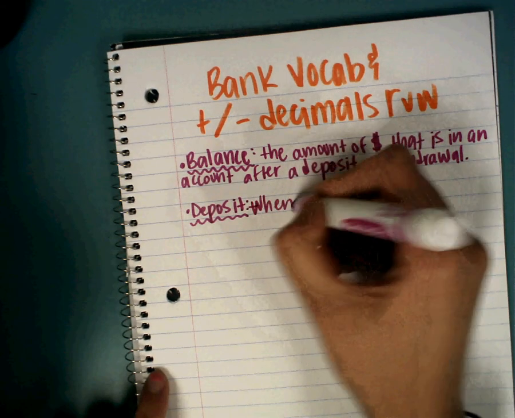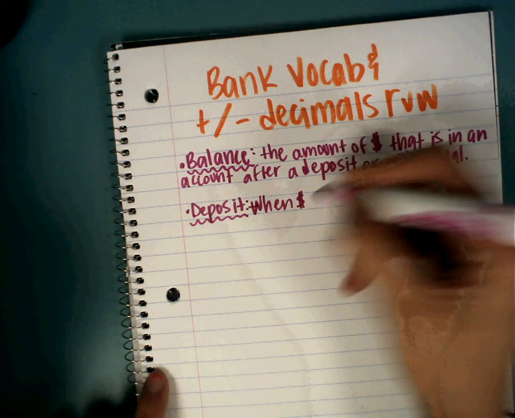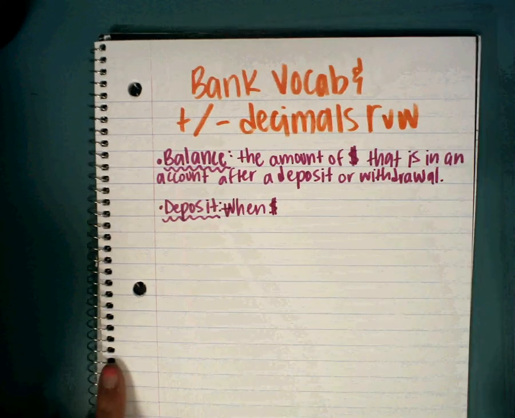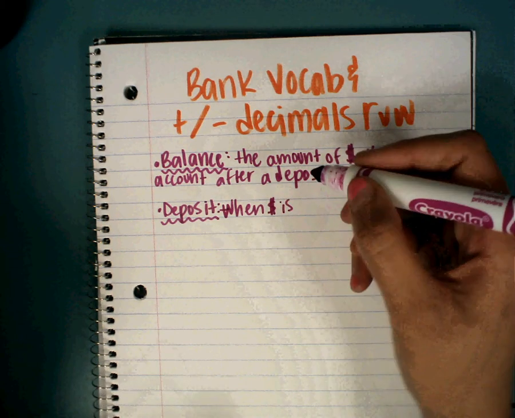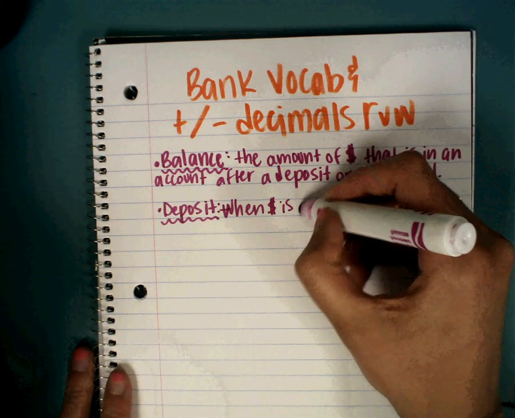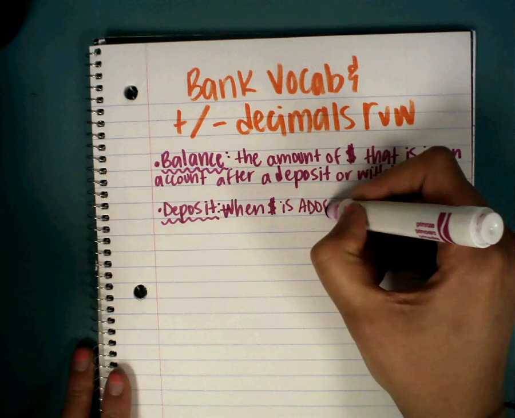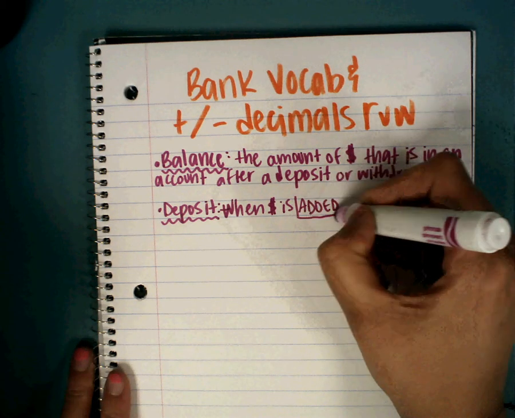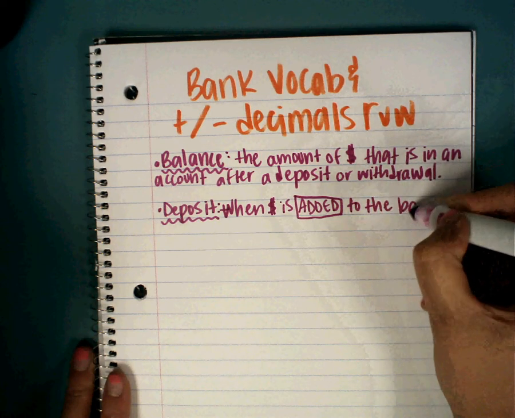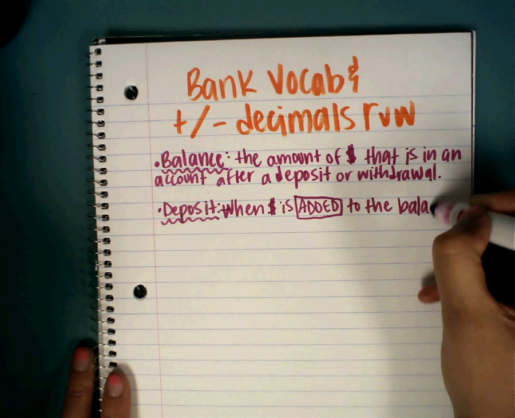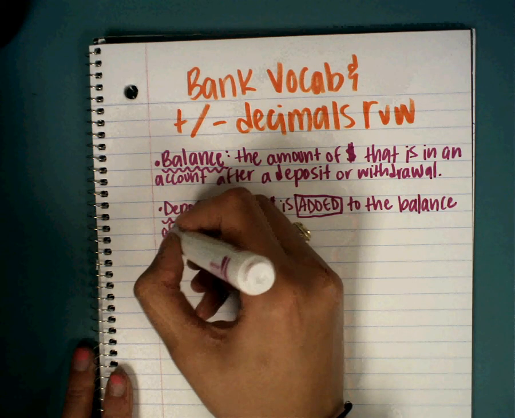When money is added to the balance of the account. I want you to capitalize added for me. Added, and underline, actually box it. To the balance of an account.